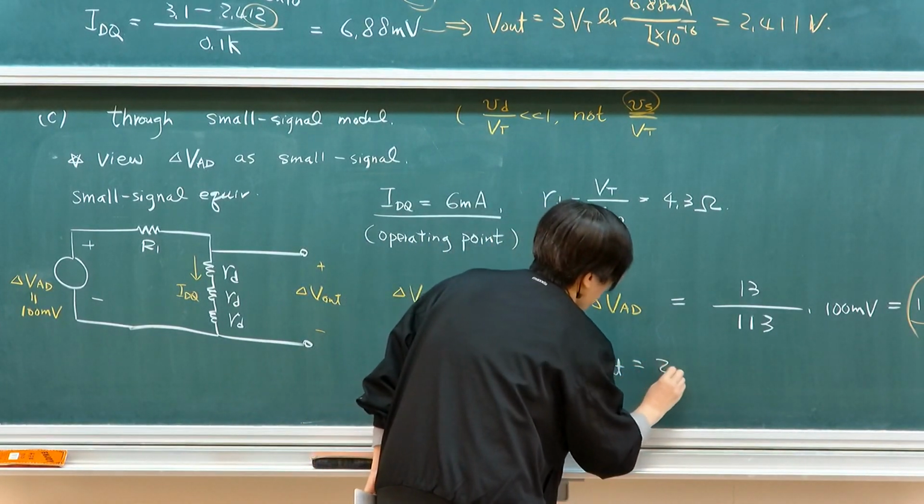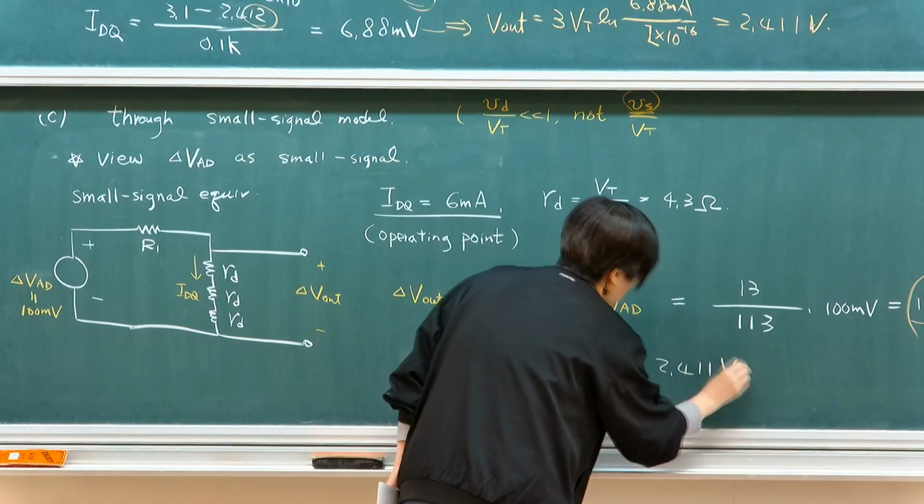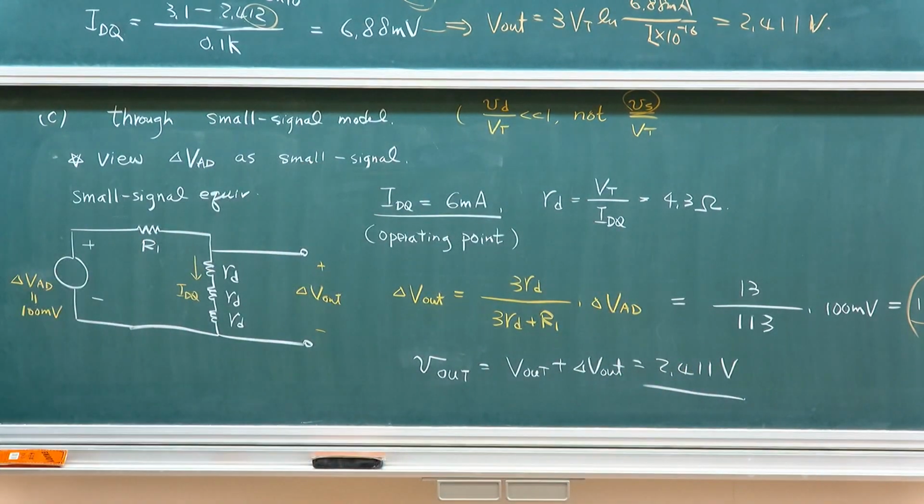So it will be 2.411. Okay? So you do the superposition back, and then you get the same answer. From method 1 and method 2, it should be at least close enough. We know that a small signal is an approximation, so as long as it's close enough, we accept that.